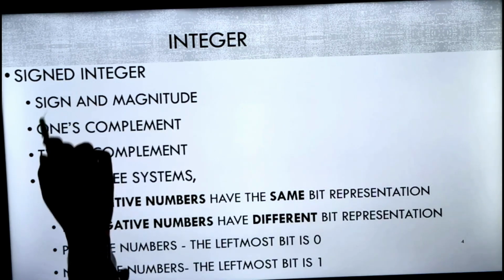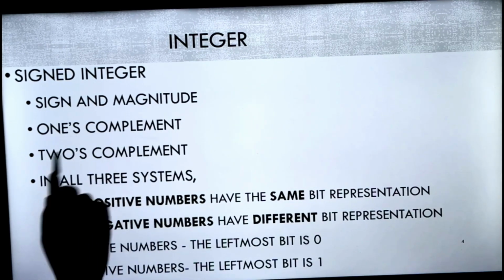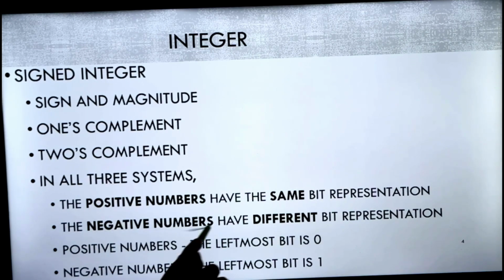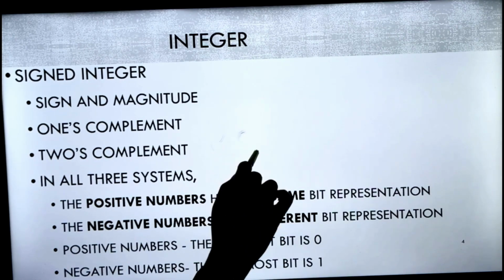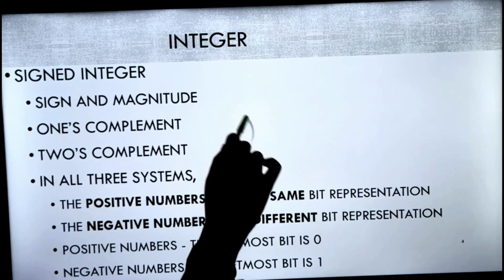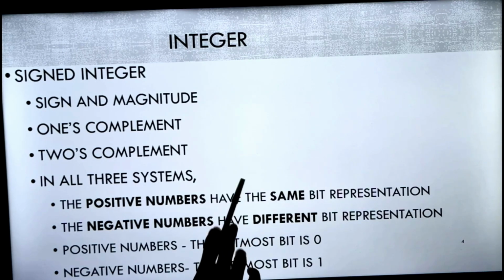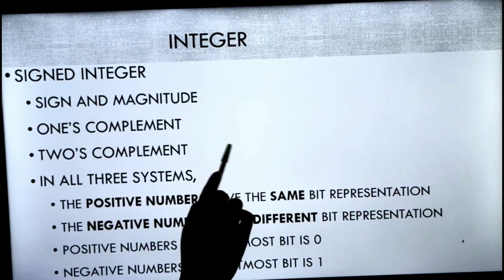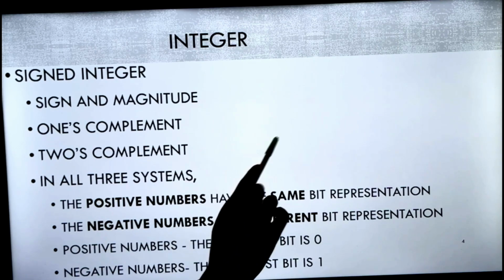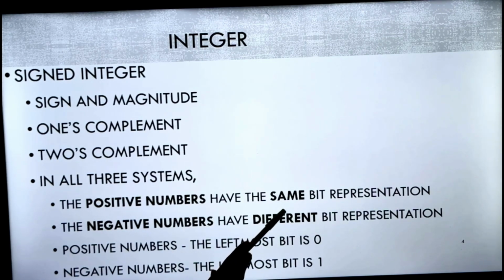In all the representations, whether it's sign and magnitude, ones or twos, the negative numbers have different bit representations. For positive numbers, the leftmost bit, the MSB, is 0. If the MSB is 0, then you have to understand that the number is a positive number. Fine. If the MSB is 1, means your number is starting with a 1, that means the number is a negative number.